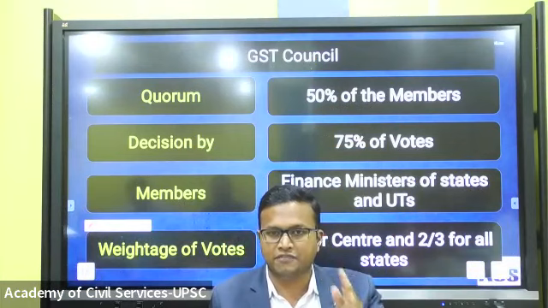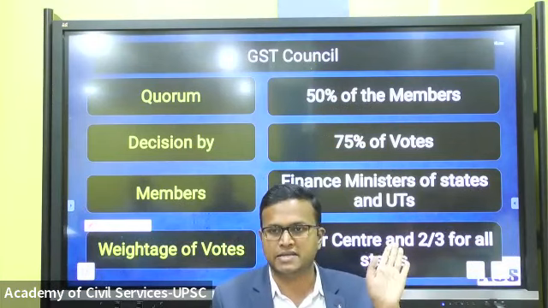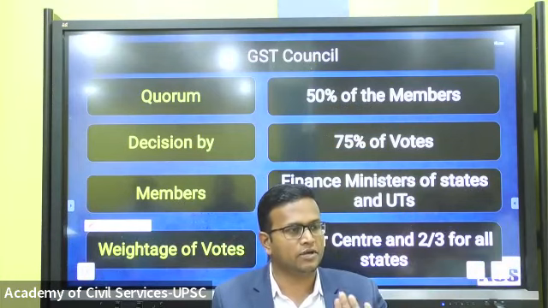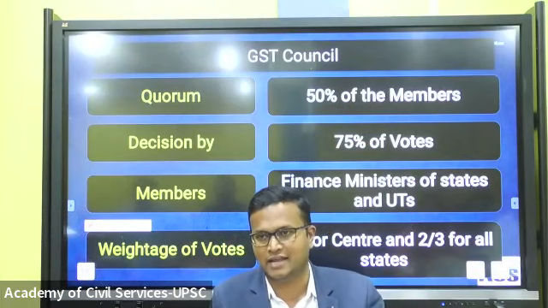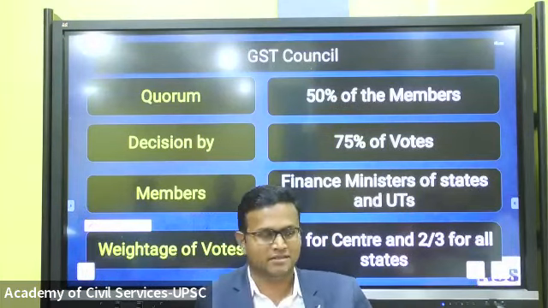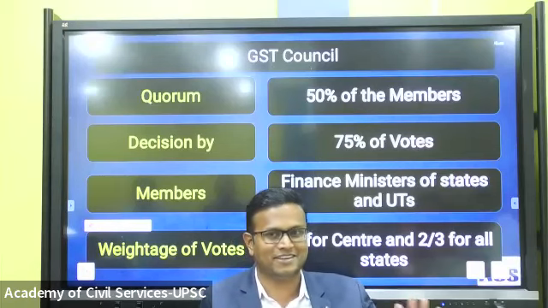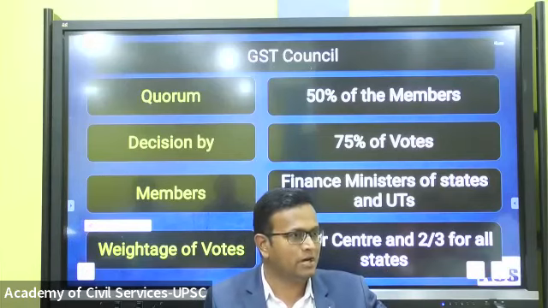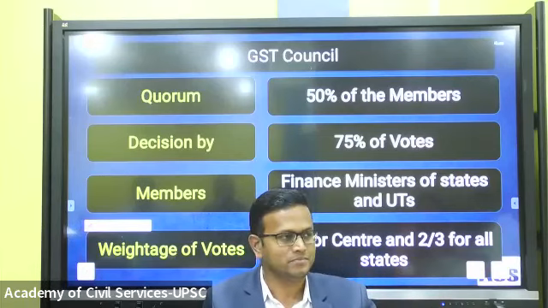If more than 50% of the members are bunking or boycotting the meeting, it cannot take any decision. Same as we can see in the Rajya Sabha and Lok Sabha. Imagine if more than 50% of the members of the GST Council are suspended, then a decision is not possible. That is why there is no question of suspending or removing a member, because if they are not there, a decision is not possible.